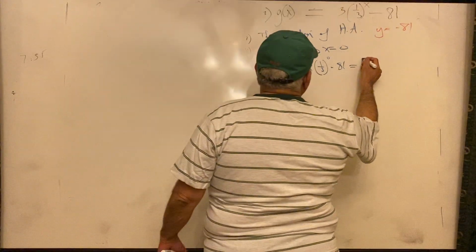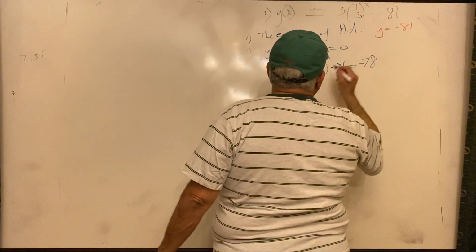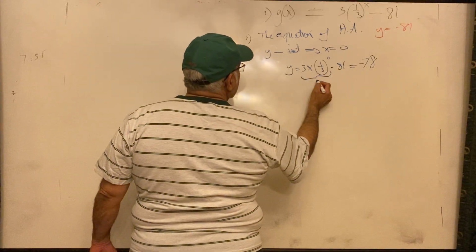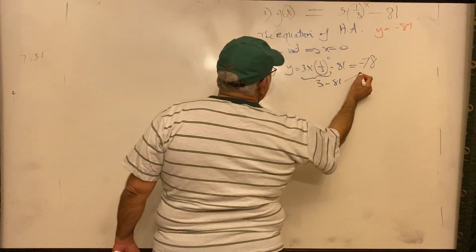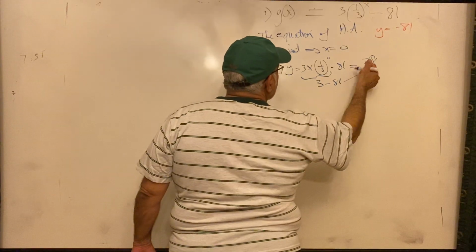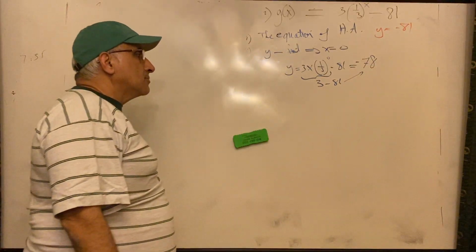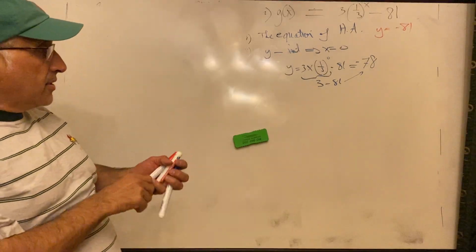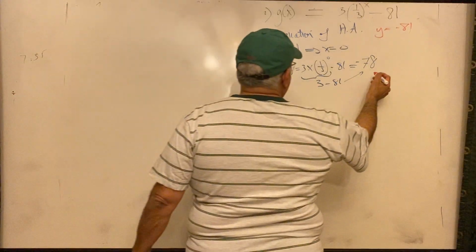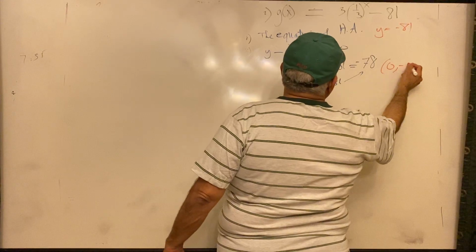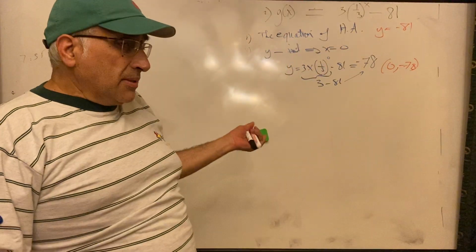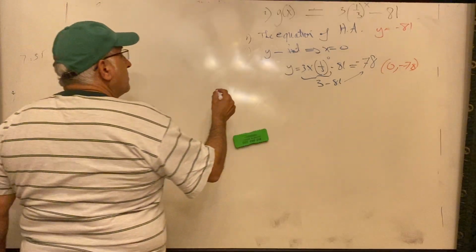I think 78, but it's negative. So it's negative 78. All right, the ordered pair is (0, -78). Numbers are huge, so what? Number 3.